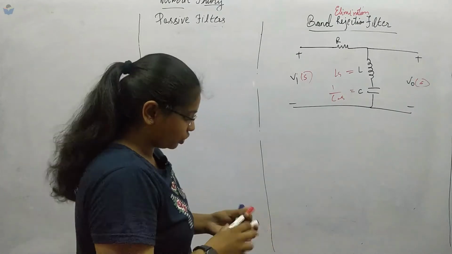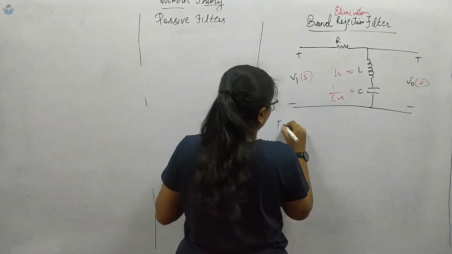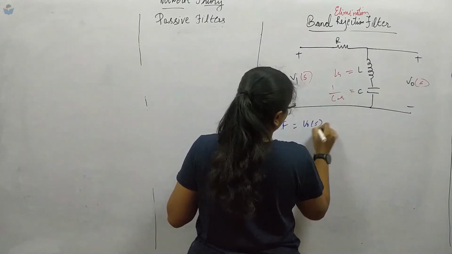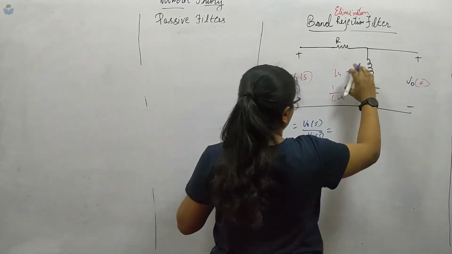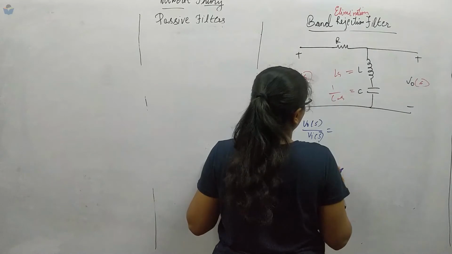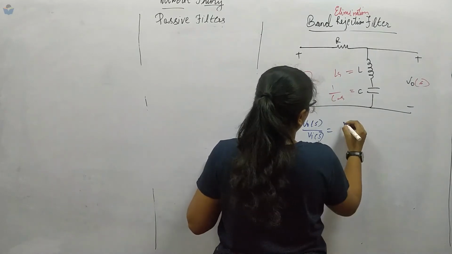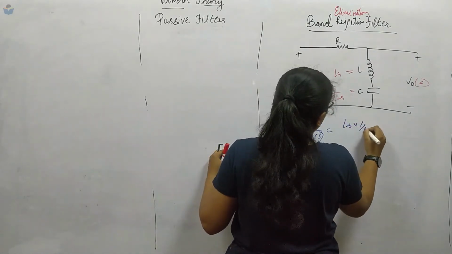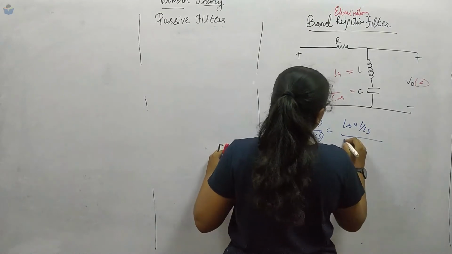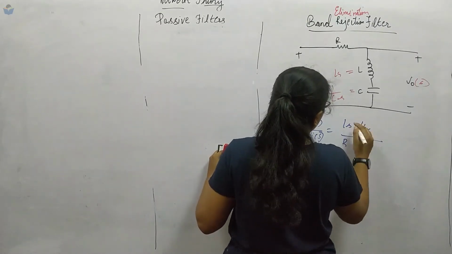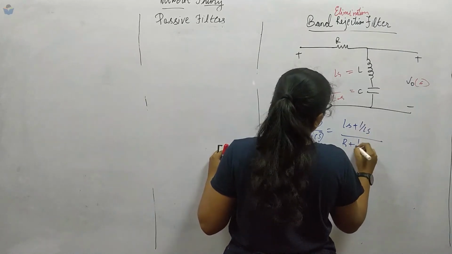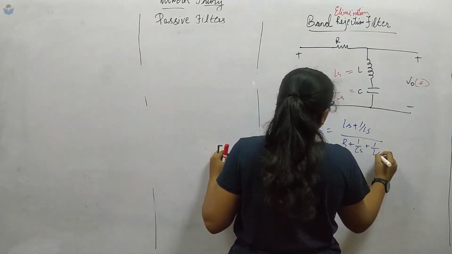So our transfer function will be V0 of s divided by Vi of s equal to, now this is the voltage across here. These are in series, so Ls into 1 by Cs divided by R plus 1 by Cs plus 1 by Ls.